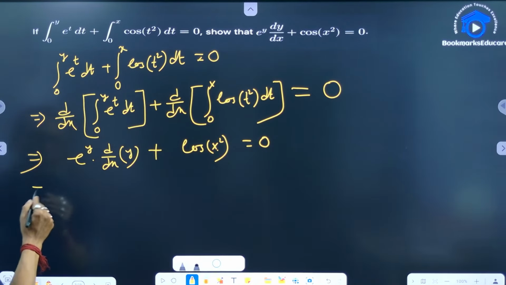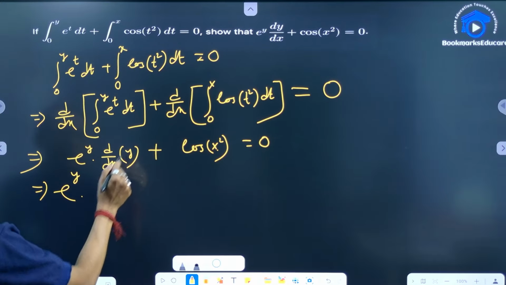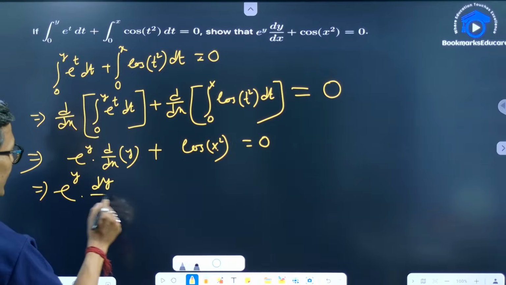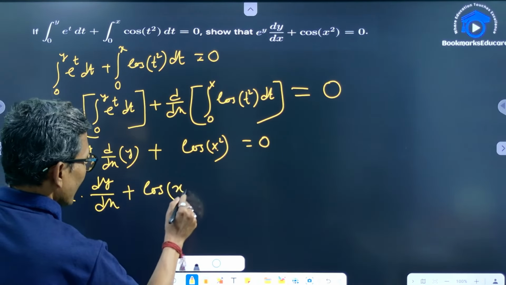So now e to the power y d/dx of y, meaning dy by dx, plus cos of x square.